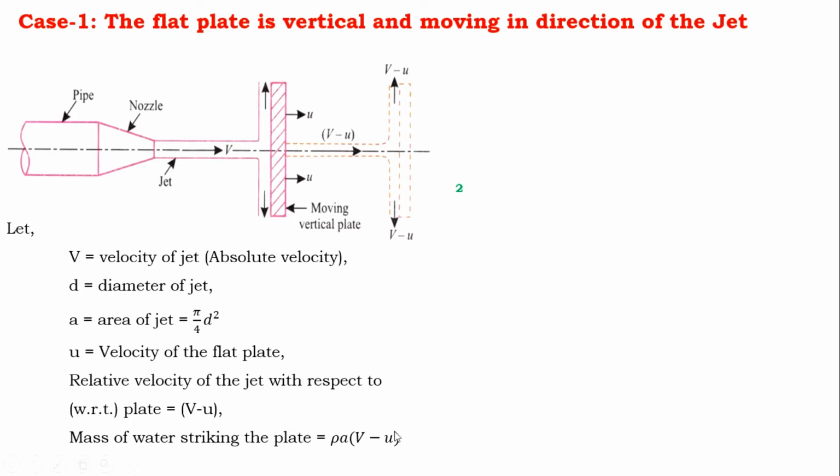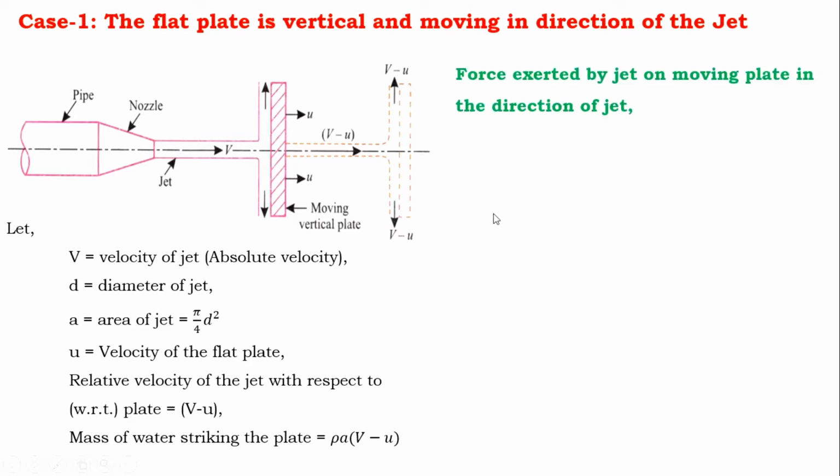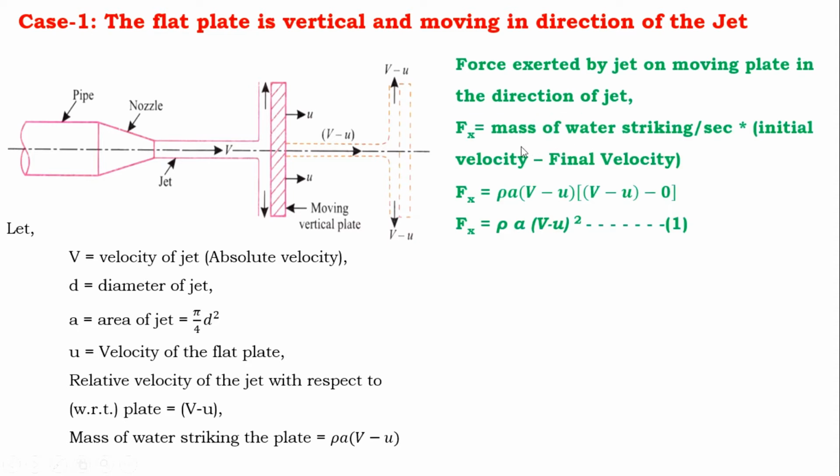Mass of water striking the plate per second is equal to rho A (V minus U). So, force exerted by jet on a moving plate in the direction of jet, that is Fx, is equal to mass of water striking per second times (initial velocity with which water strikes minus final velocity).